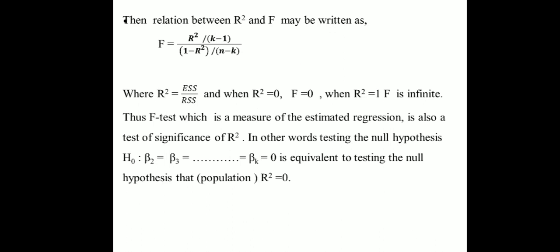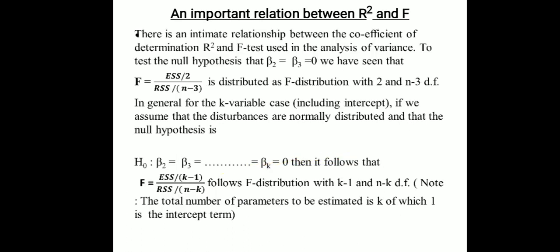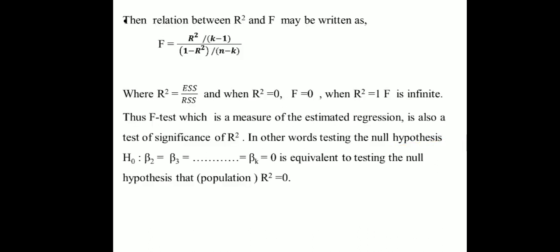Then the relation between R squared and F may be written as follows. This is for the k variable case we have considered so far, and on the basis of that we manipulate this F test. I have taken the final value.